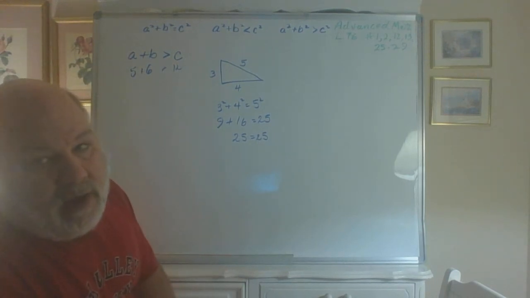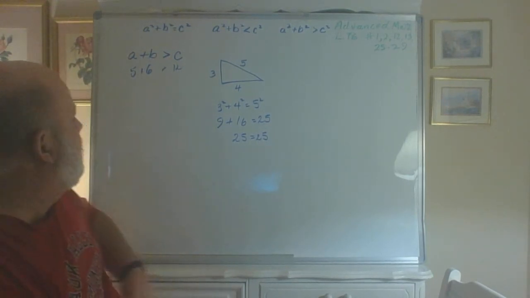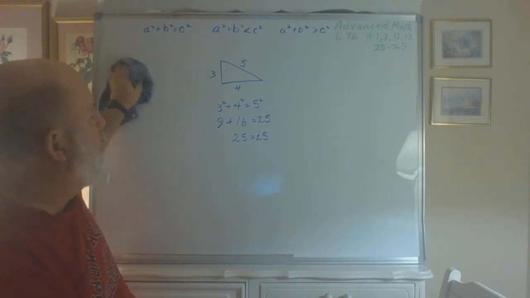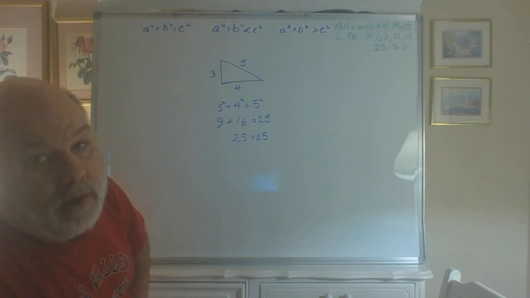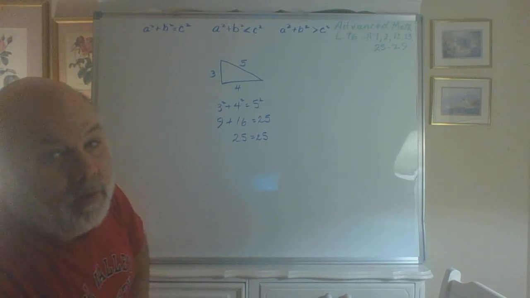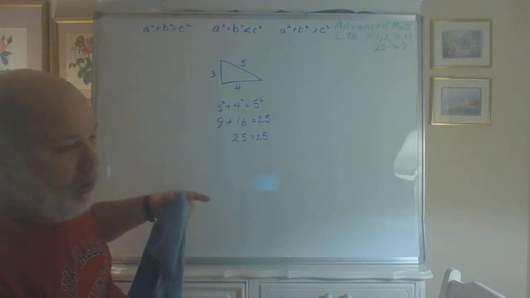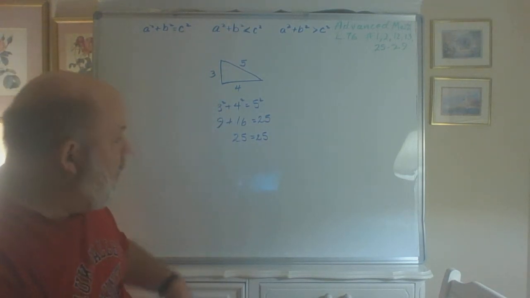Your third side must be less than 11. We're not talking about whether you can make a triangle, but whether it's right, obtuse, or acute. So we've done the first example, and we see that it's an acute triangle.